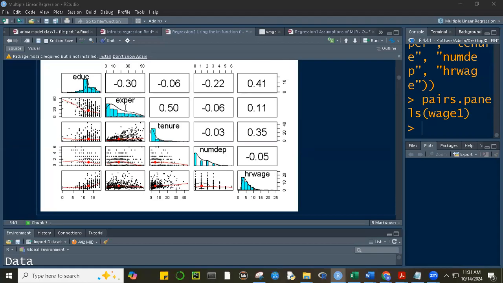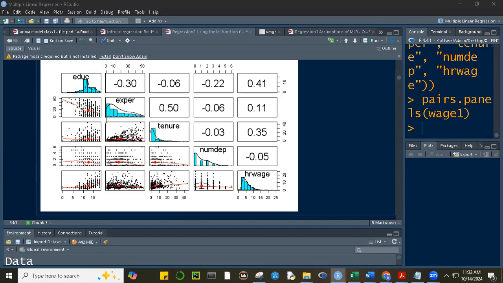By the way, in the diagonal, this is the distribution of our variable, education. You can see here the plot of the variable, and then below are your scatter plots. Let's say this one, education and experience.